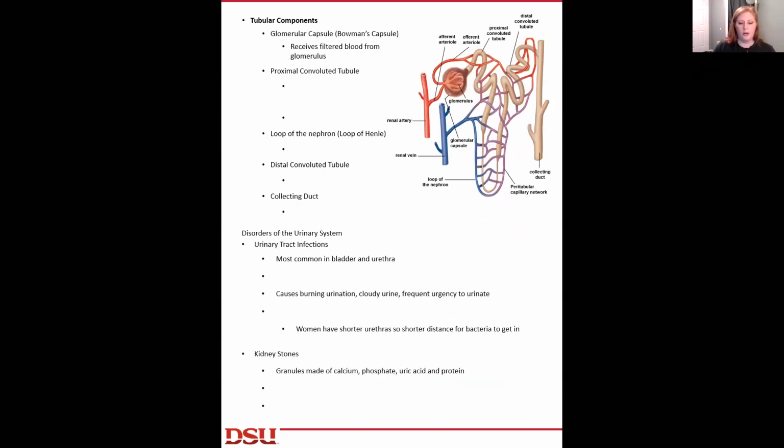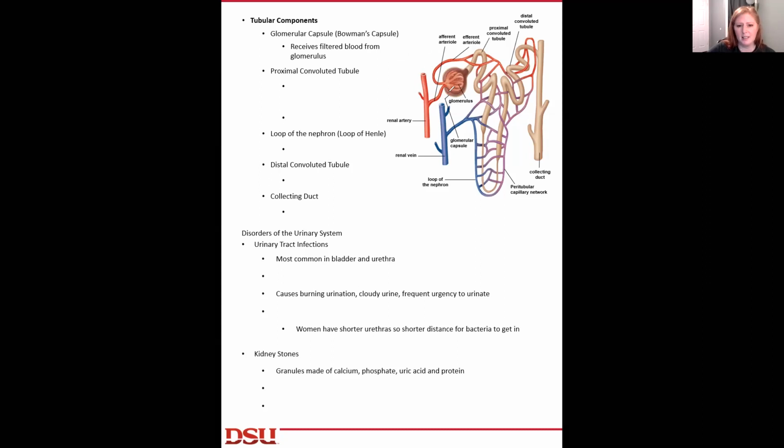So we just talked about the blood vessel components, or the vascular components. Now we're going to talk about some of these tubular components. All right, so we have something called the glomerular capsule, also known as the Bowman's capsule. To be honest, it may have changed in recent times, but I have always seen this mostly referred to as the Bowman's capsule.